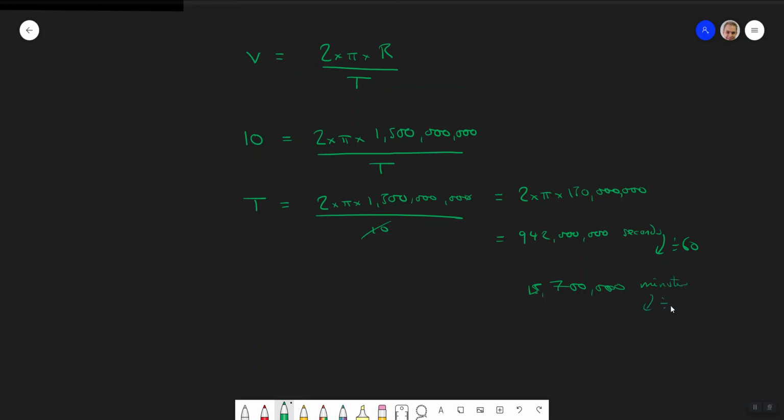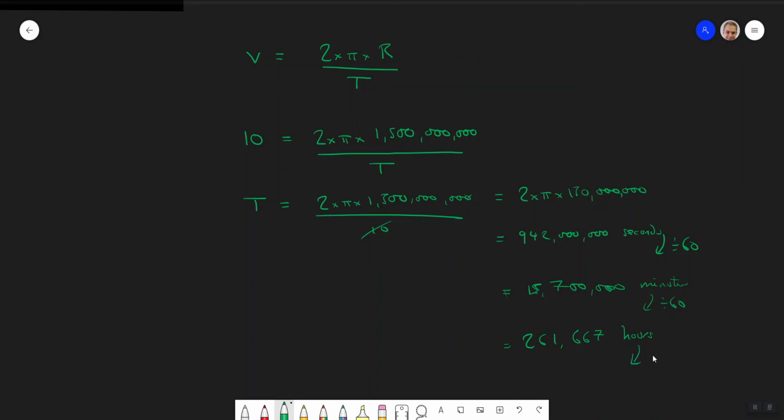I'm going to divide by 60 again to get it into hours. And I get 261,666 recurring, so 67 hours.